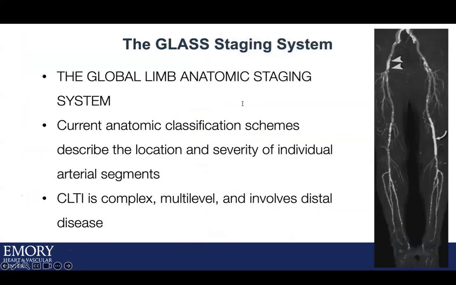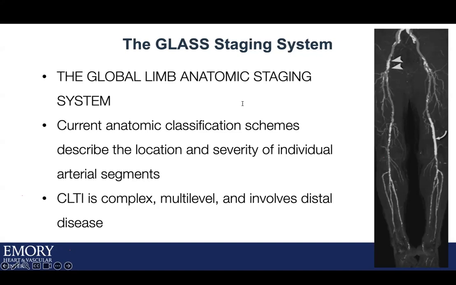So just to review what we talked about up to this point, we talked about the definition of CLTI, physical examination, hemodynamic criteria, the WIfI scores, and the imaging modalities and medical management of CLTI. Now we need to talk about the staging system of CLTI, which helps guide the intervention, helps us decide what to do next.